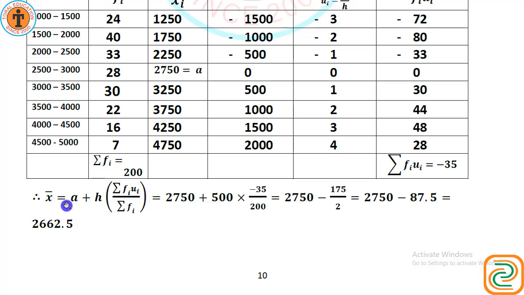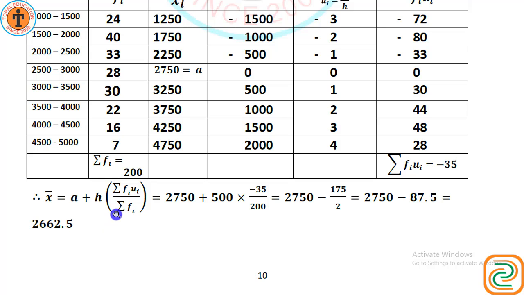Now mean is A plus H into sigma FiUi upon sigma Fi. 2750 plus 500 into minus 35 by 200 equals 2750 minus 175 upon 2, that is 2750 minus 87.5, that we get 2662.5. This is our mean. Now friends, very easy sums are there, very easy.